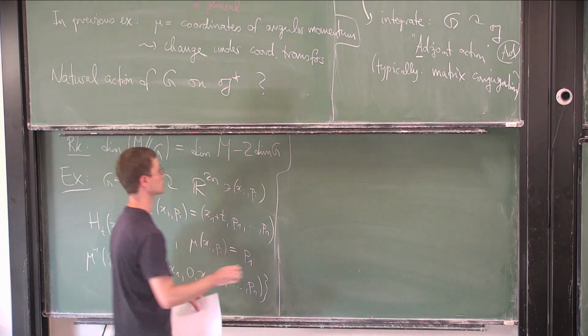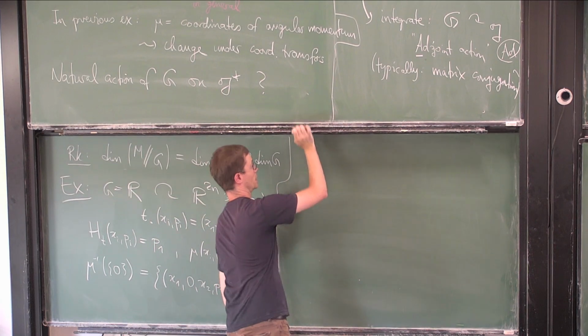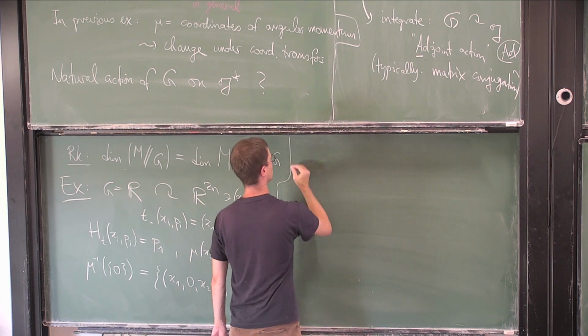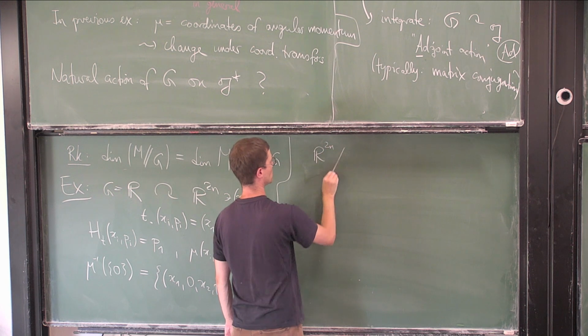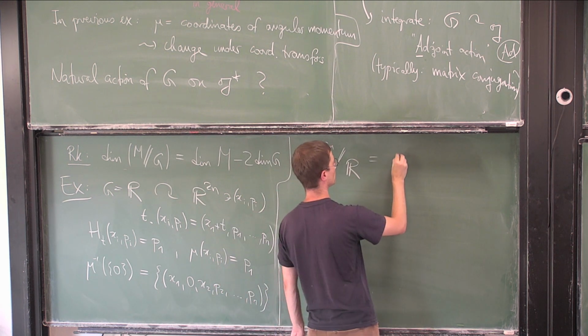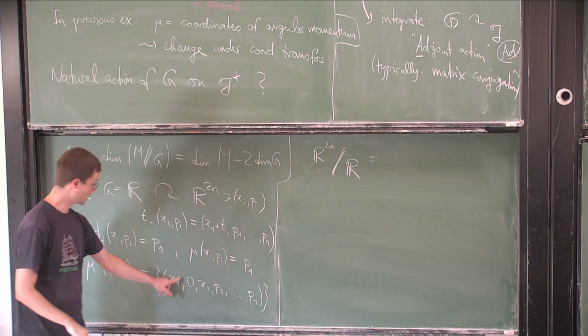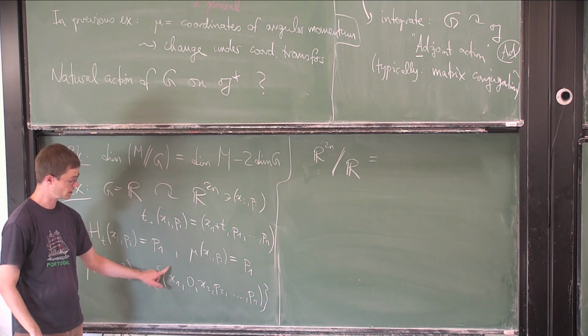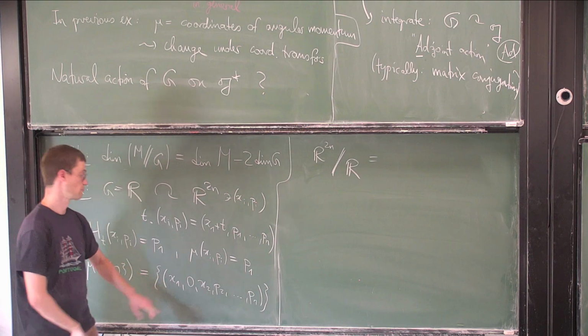So if I take the quotient, I can choose the value of this coordinate. Let's put it to 0.